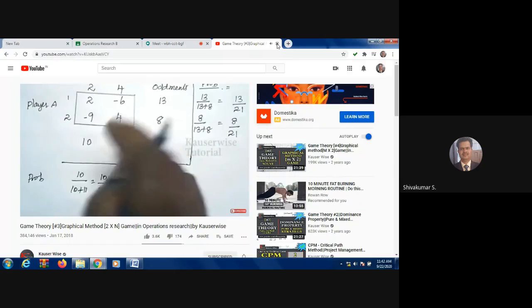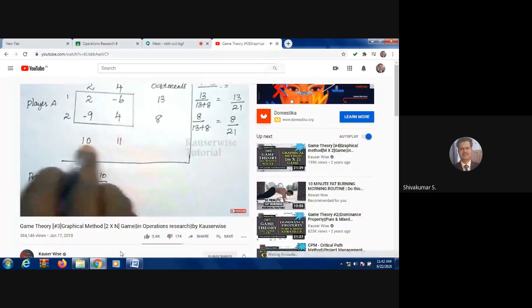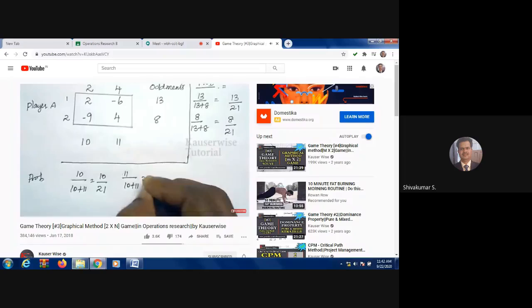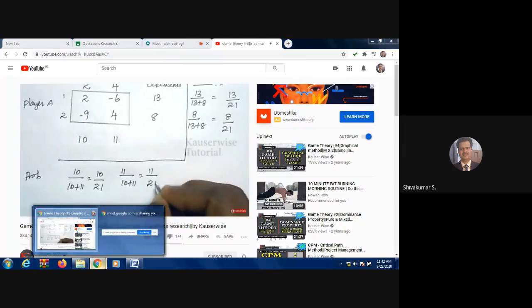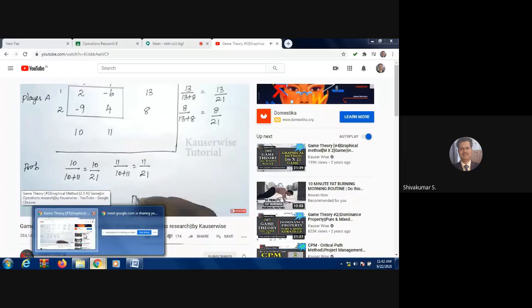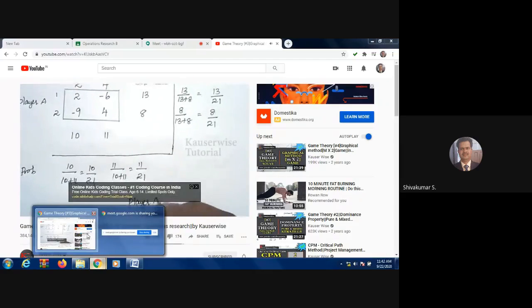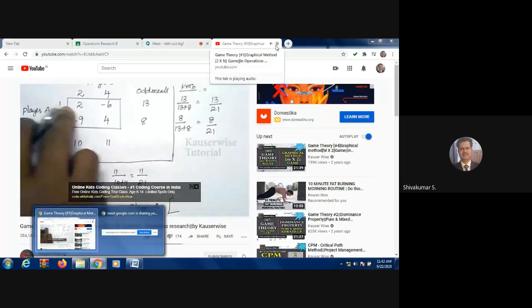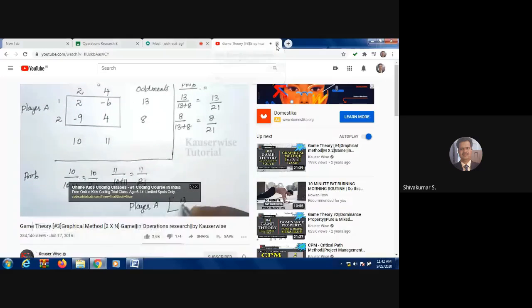For the second option, 11 divided by 10 plus 11 is equal to 11 divided by 21. These are the probabilities for players A and B. For player A, strategy 1 and 2. For the first strategy, 13 by.